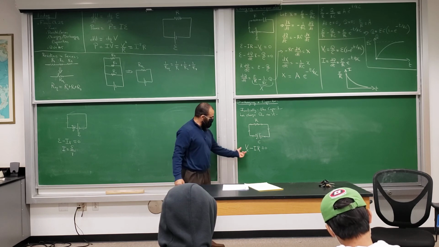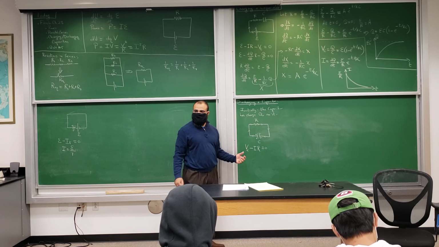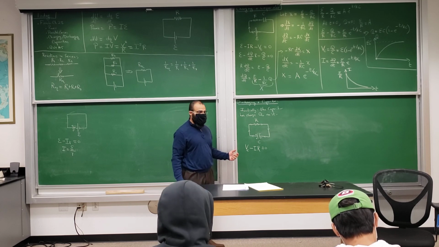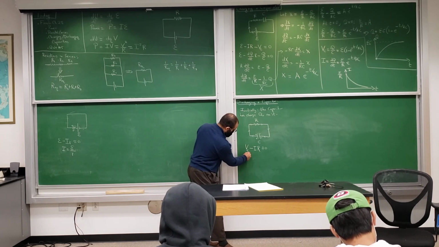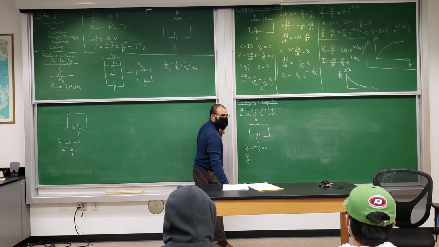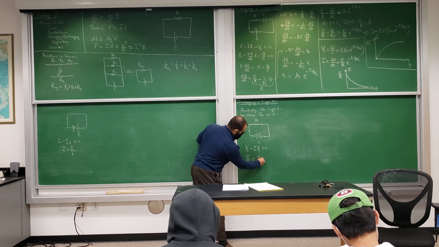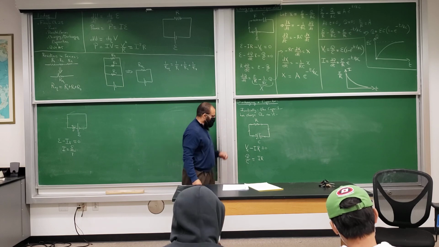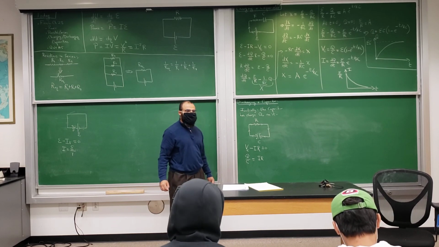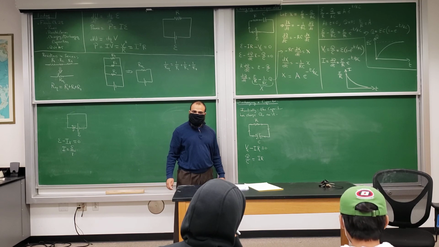Now, the voltage across the capacitor will be the charge on the capacitor divided by the capacitance, right? Move this to the other side so you get IR. Now, how is I related to Q? That's delta Q over delta T. In terms of derivatives, it's dq dt.